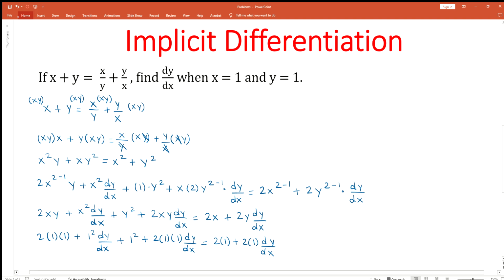Now we can simplify the terms. 2 times 1 is 2. 1 squared is 1. 1 times dy over dx is dy over dx. 1 squared is 1. 2 times 1 is 2. 2 times 1 is 2.